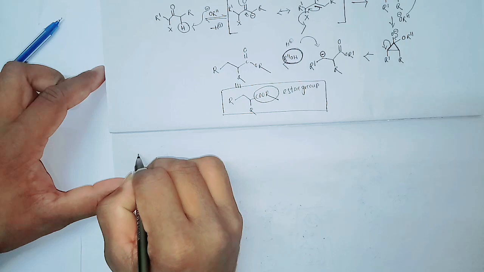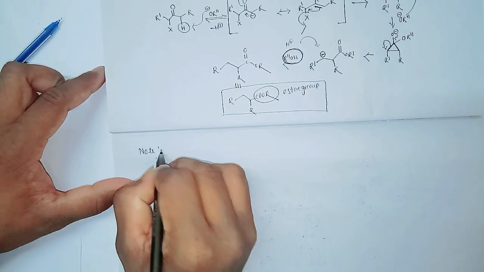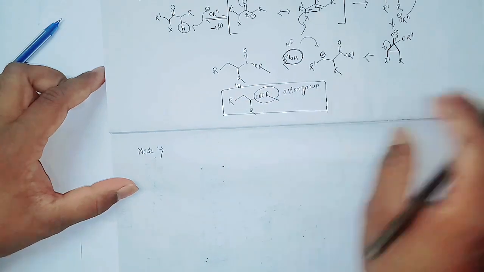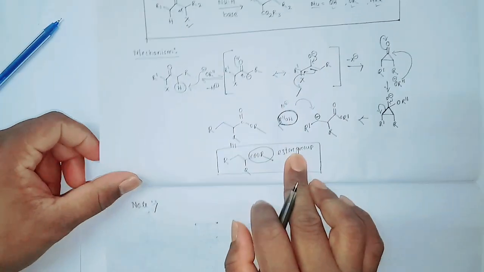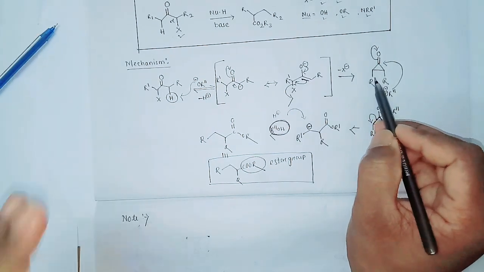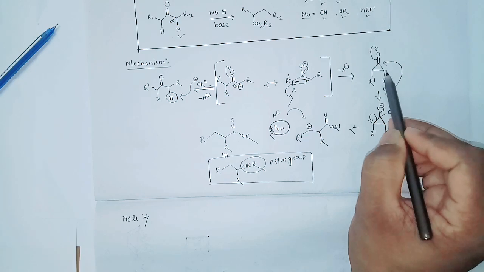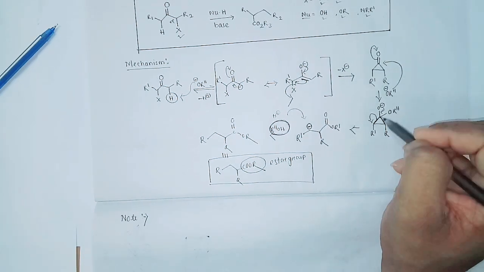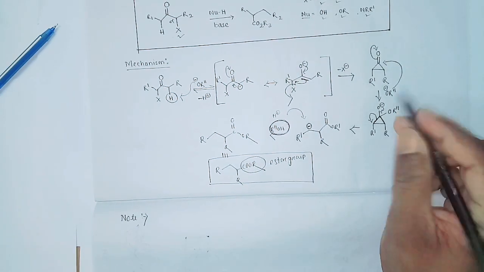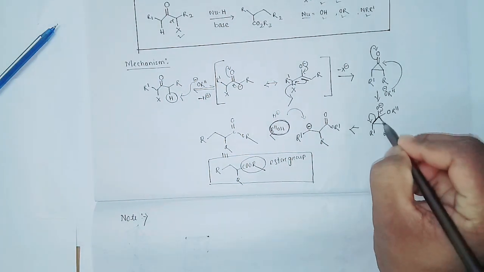One more important point to note is that in this mechanism one cyclopropane ring will be formed. Then in this case one cyclopropane ring will be broken. So this bond or this bond will be broken.